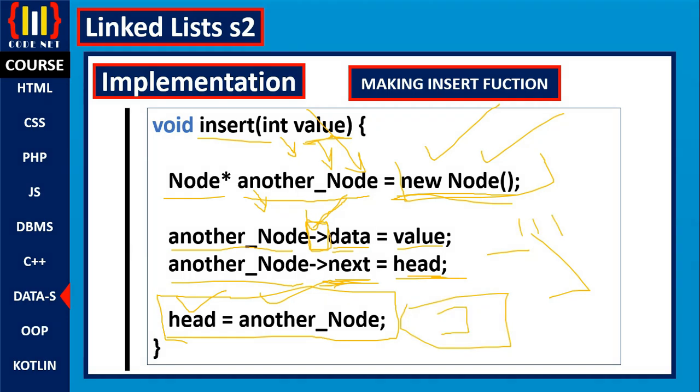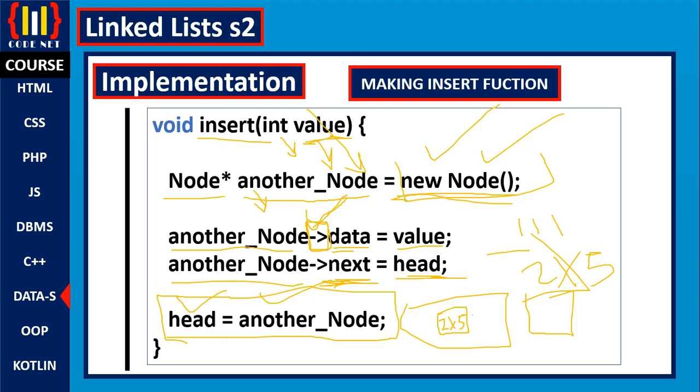If the very first node that we've implemented is at the memory address 2x5, this line of code entails that head will keep track of 2x5, because head should keep track of the memory address of the very first node.